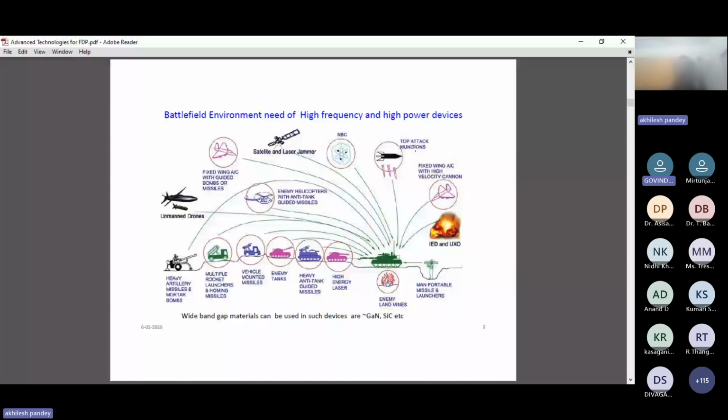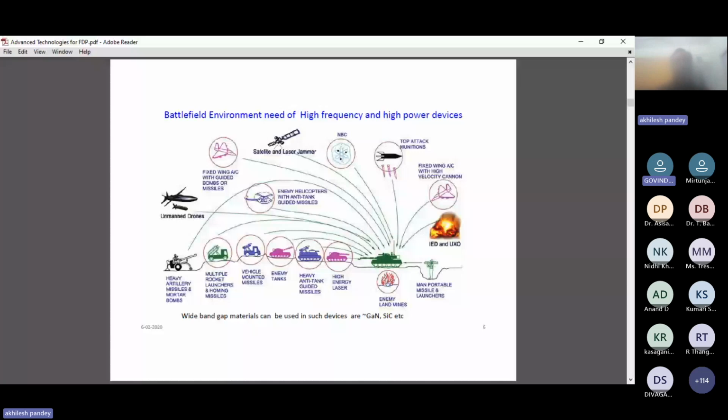If high frequencies are coming onto the soldier, he can receive the signals, and accordingly the soldier can take a decision. So high frequency devices are very much needed for our defense applications.